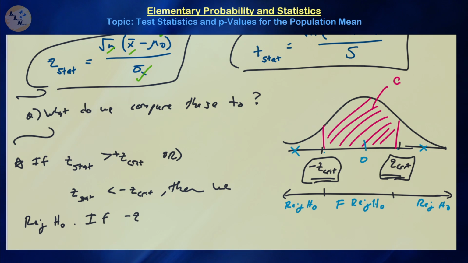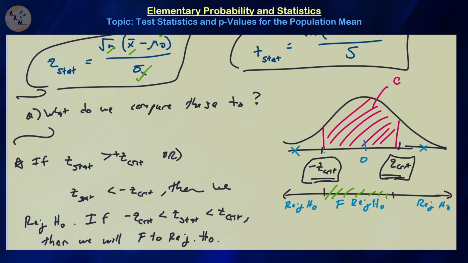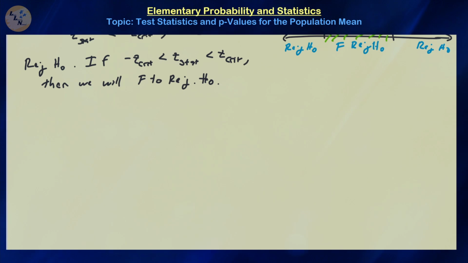If the test statistic is in between the negative and positive z critical values, so that means we're looking in this region here, then we will fail to reject the null hypothesis. And that's how you would do hypothesis testing with test statistics. So let's look at a numerical example of how that would play out if we pretty much had no information to start with.